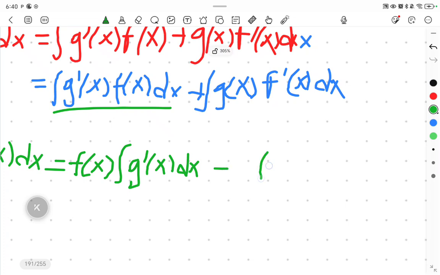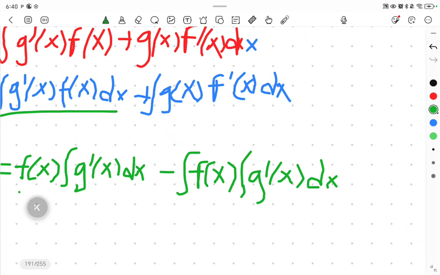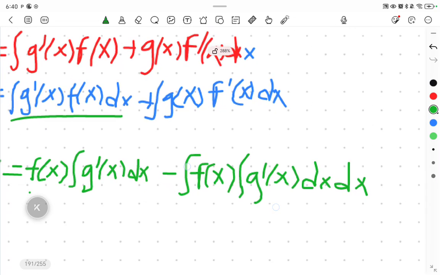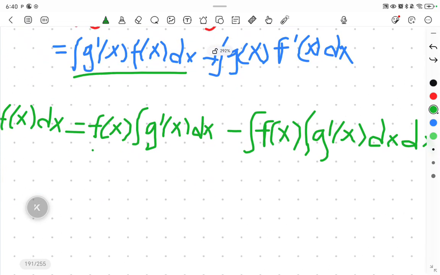I want to show you something. It's like this minus its integral, so minus the integral of f(x) integral g'(x) dx. I just put the integral here. It's that minus its integral. We agree, right? And this would be f(x).